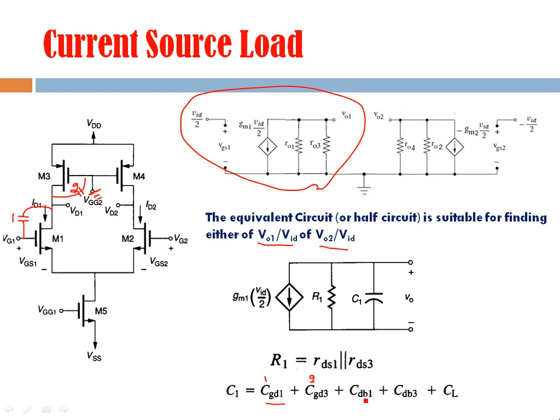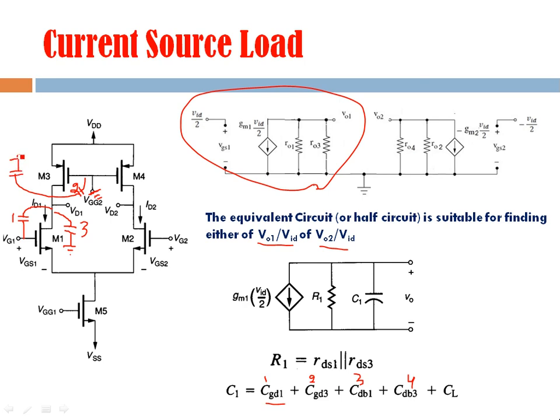And the third component is the drain bulk capacitance of the first. So this is drain, and here there is a capacitive component, and this is going to ground, and this is the drain bulk capacitance. So I am mentioning it as the third component. The fourth is the drain bulk capacitance of the third, because this third transistor M3, its drain is connected to the output, and its bulk is grounded.